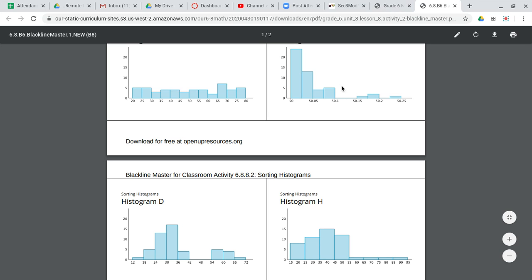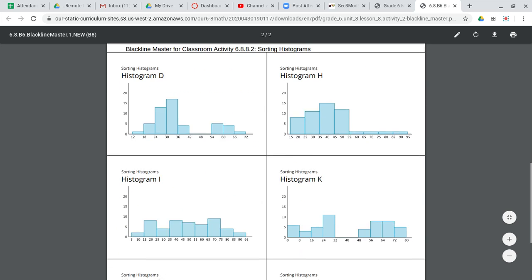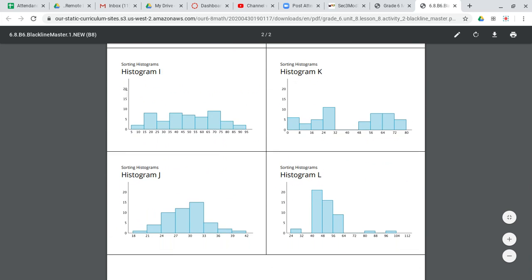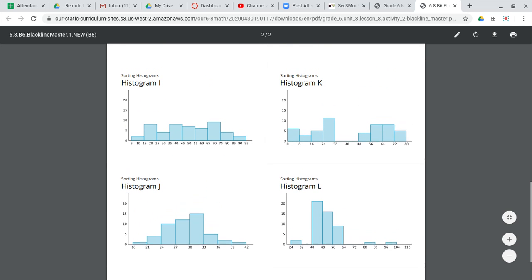We don't come back up with that. All right, what about histogram D? We start low, we go up, we drop down, stay down, come up a little, then go back down. Not quite. What about histogram H? Nope, definitely not symmetric.